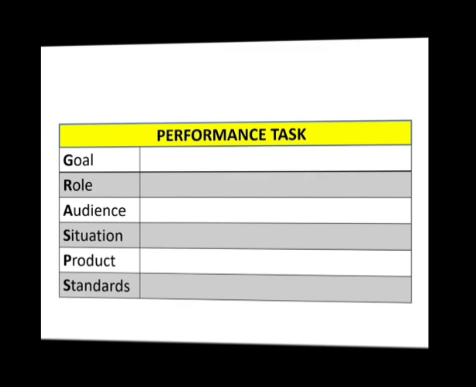Role would correspond to what you want them to simulate. Who will be the audience of what they will be doing, and what situation will they be in when they are doing the performance task? What is expected from them as a product, and how will they be graded as the standards?